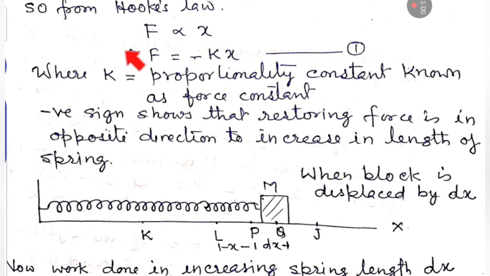Thus, F is equal to minus kx. It is equation 1, where k is the constant of proportionality and is known as the force constant. And the negative sign indicates that the restoring force is opposite to the increase in length of the spring.